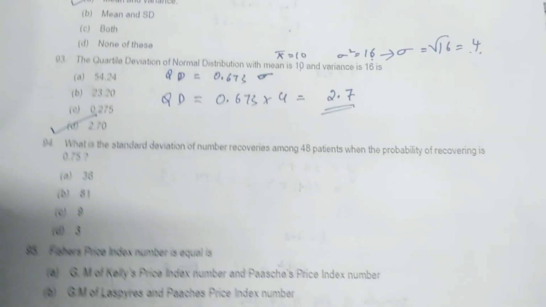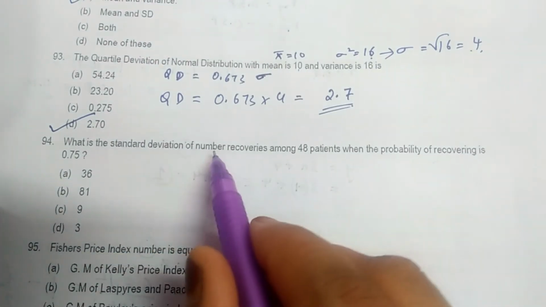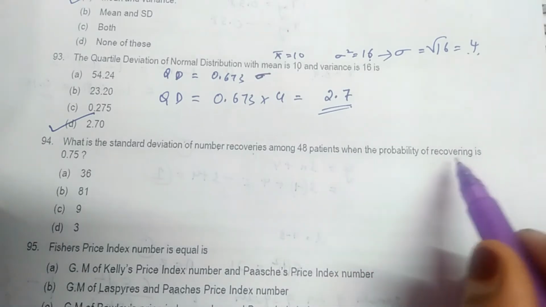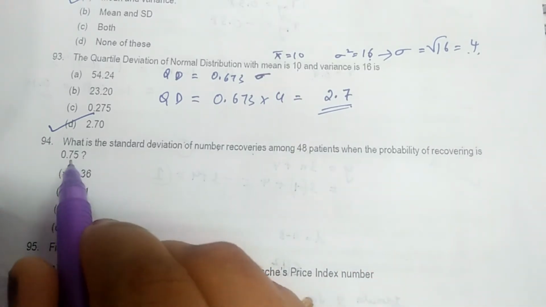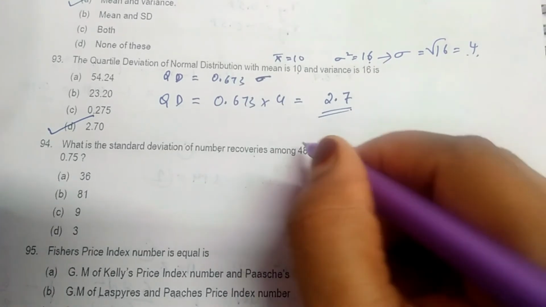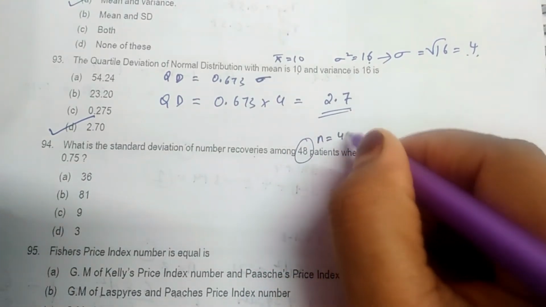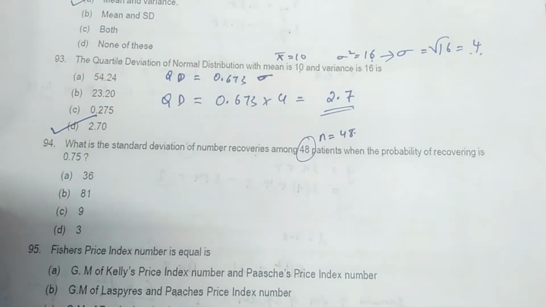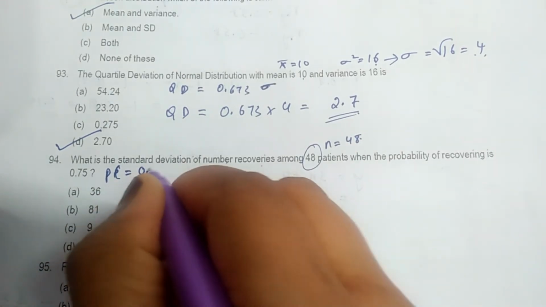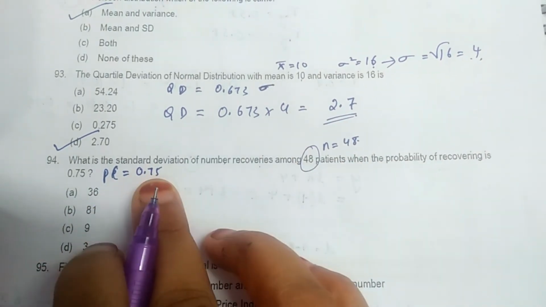Now, what is the standard deviation of the number of recoveries among 48 patients when the probability of recovering is 0.75? By seeing this, we can say that the number of patients n is equal to 48, and we also know that the probability of happening of the event, P, is 0.75. It means the recovery rate is this much.